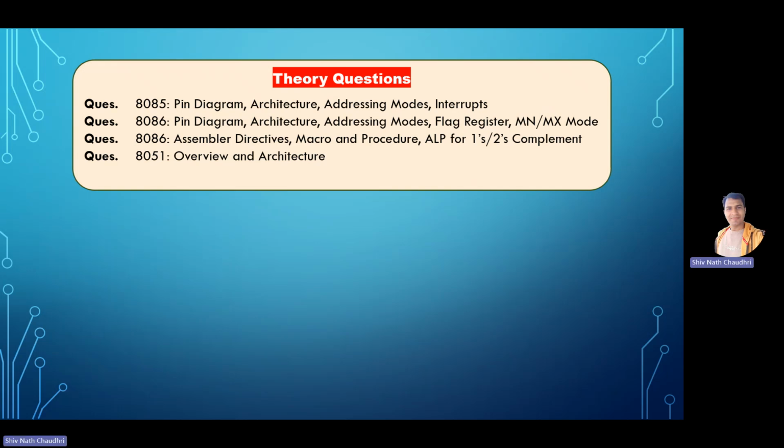And for two's complement, we require one logical operation, NOT, and adding an extra one. So we require one arithmetic instruction. And for this arithmetic instruction, either you can add one or you can increment the one's complement. So this is also equal to adding one. So you have to write ALP for one's complement and two's complement using logical and arithmetic instructions.